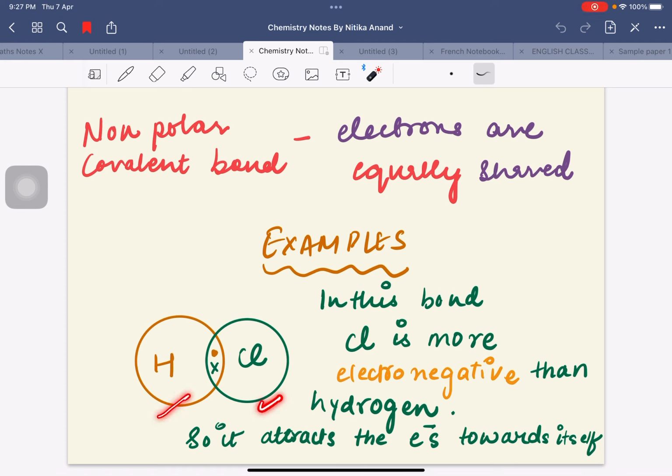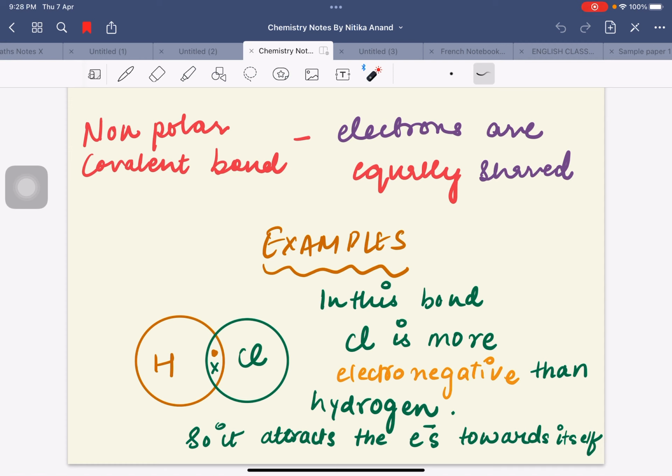Though both of them are non-metals, they will form a covalent bond, but because chlorine is more electronegative, it attracts the electrons towards itself. This capacity of attracting electrons is stronger in chlorine than in hydrogen.